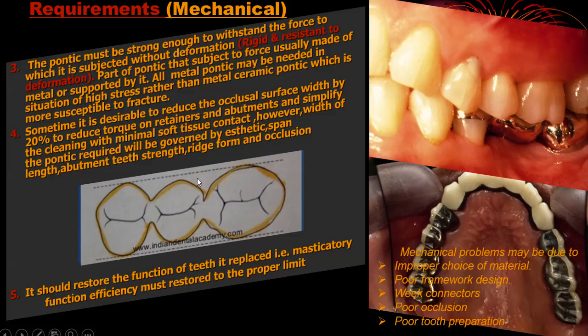Okay, sometimes to reduce the effect of force on the pontic or bridge, we reduce the occlusal surface by about 20% of the width of the occlusal surface. Some research found that it can reduce the torque on the retainer abutment, and in any case reduce the stress on the whole bridge, prevent it from fracture, and possibly reduce the stress on the abutment. Okay.